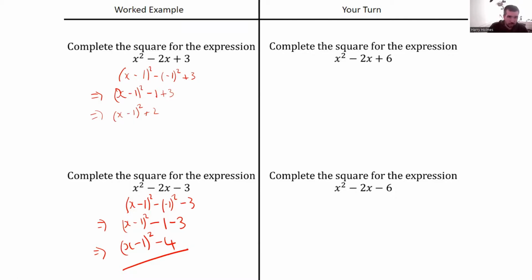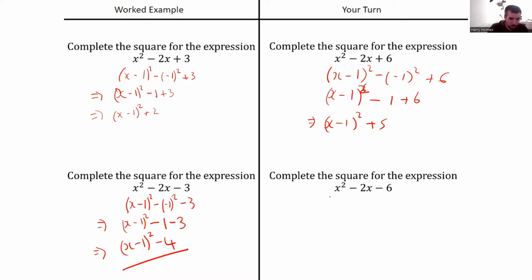Okay, here we go. So the second 2 questions on the right hand side, x squared take away 2x plus 6. My square bracket, x take away half of 2, which is 1, squared, take away minus 1 squared, plus 6. So that's the final answer for that one.